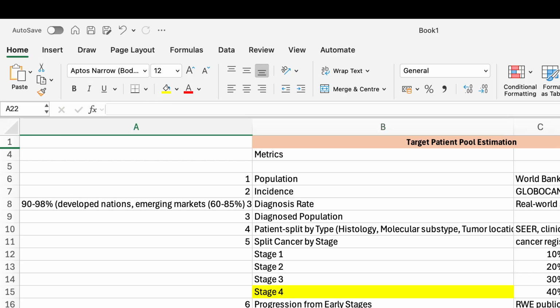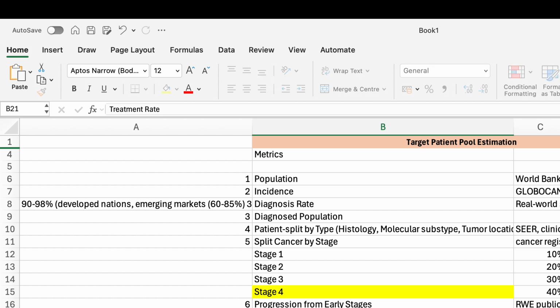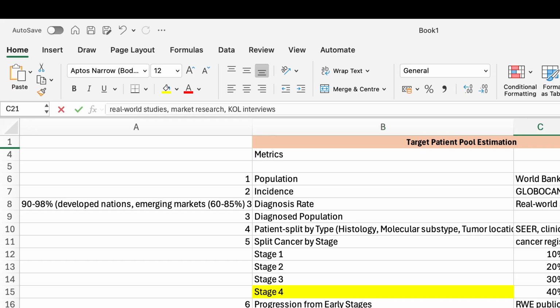Then we apply something like treatment rate. Not all stage 4 patients get treated, right? So we apply treatment rate. Basically, we claim it from real world studies, and even KOL interviews we do sometimes, and we check the claims data mainly. I would explain claims data also.